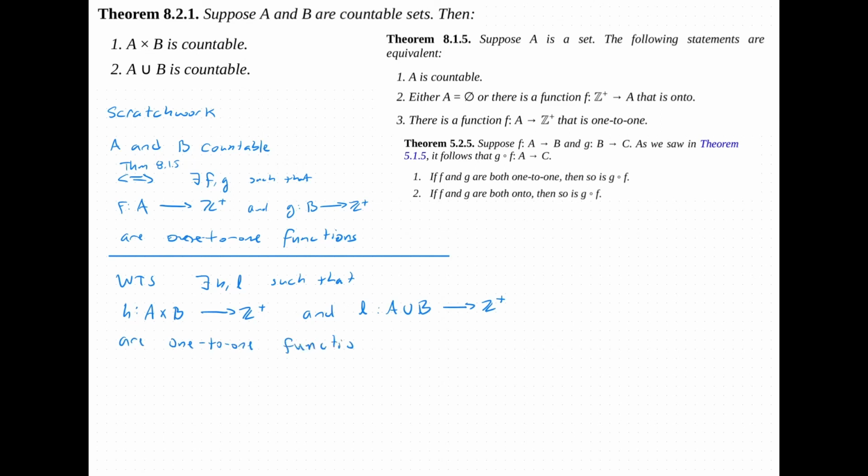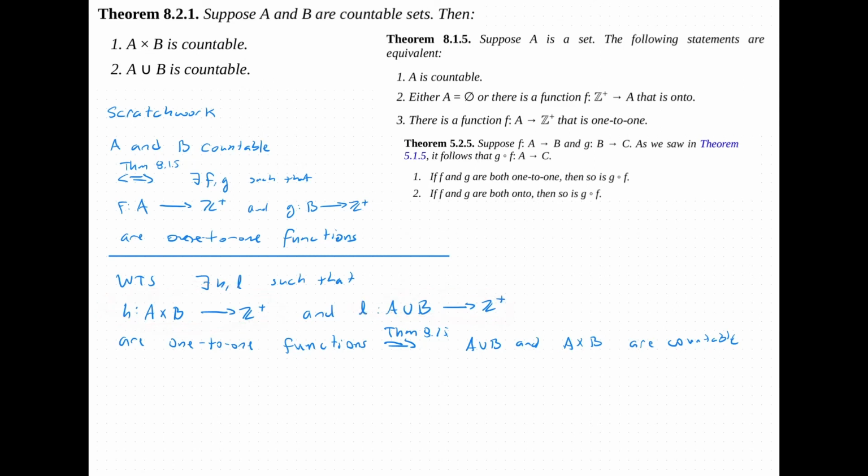And if we prove this, then we are done, because theorem 8.15 then implies that A union B and the Cartesian product of A with B are countable. So this is what we want to prove. We want to find a 1 to 1 function. So how do we do this?